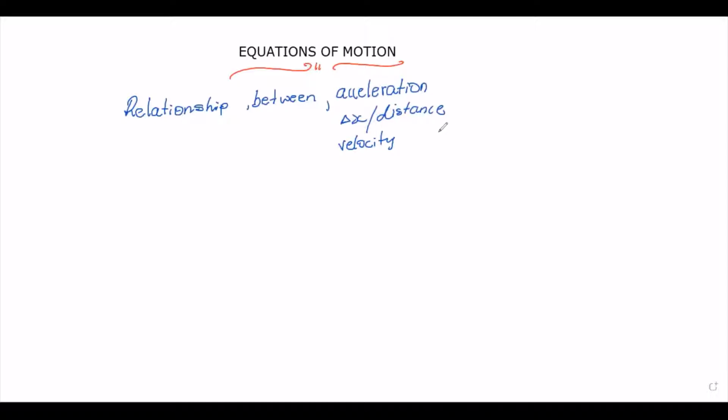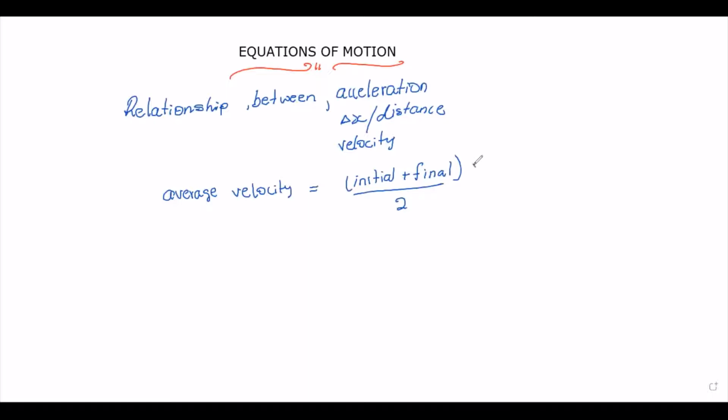All right. Now, if you talk about the average velocity, this can be given by the initial velocity plus the final velocity divided by 2.